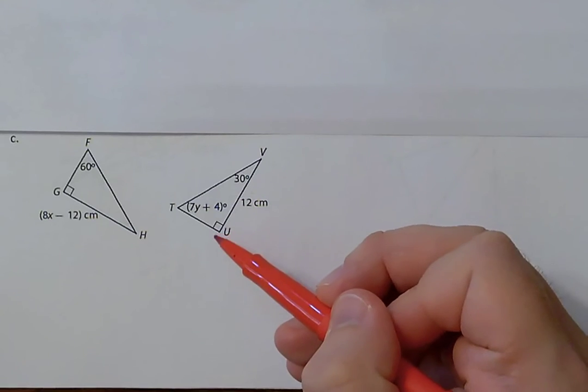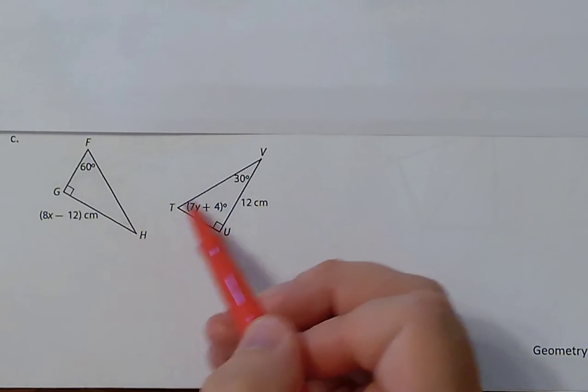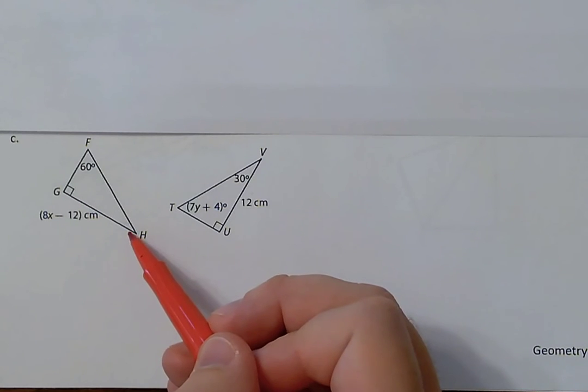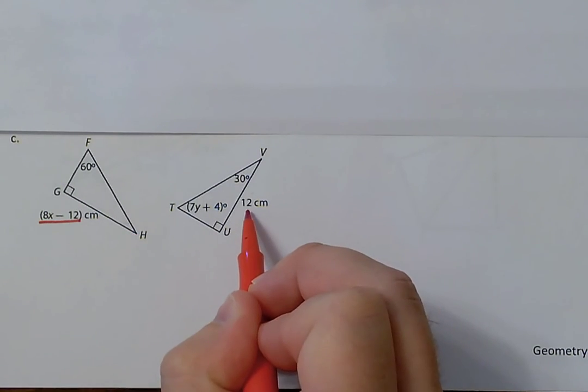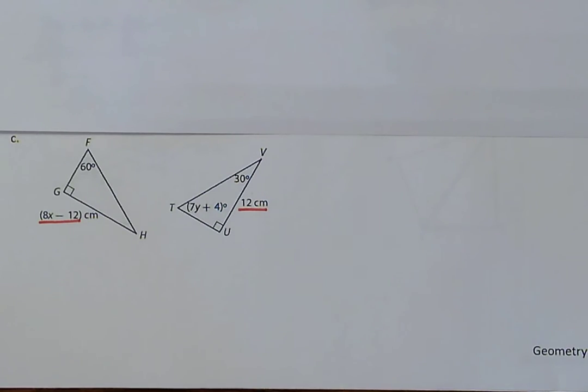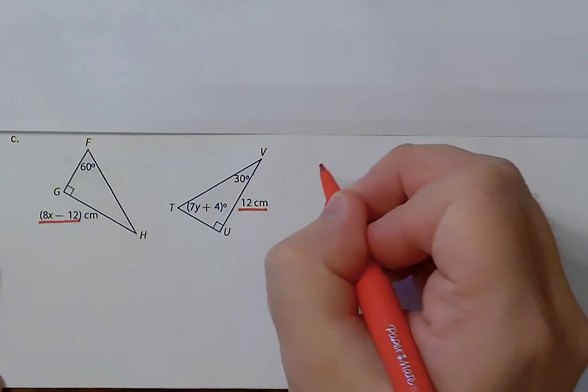And if you notice, they look like they'd be the same part because it's not the hypotenuse, but it is the longer leg. So I'm going to take this 8x minus 12 and set it equal to 12 to figure out what x needs to equal.